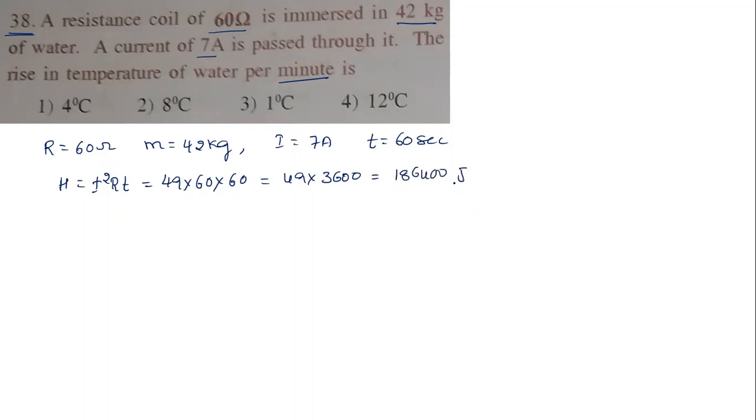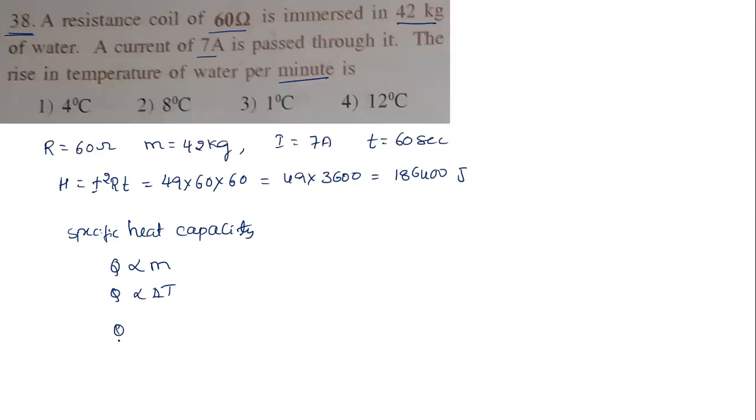Now you need to go back to the first year syllabus. There we defined the specific heat capacity. There, the amount of heat energy is proportional to mass, and proportional to the rise in temperature.